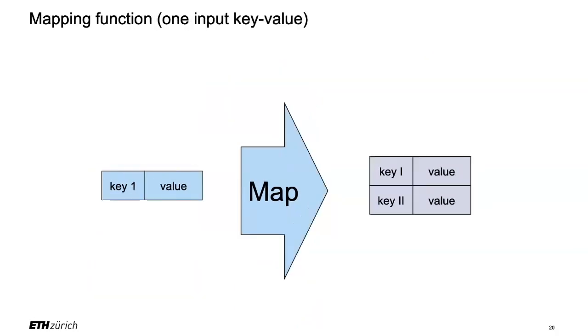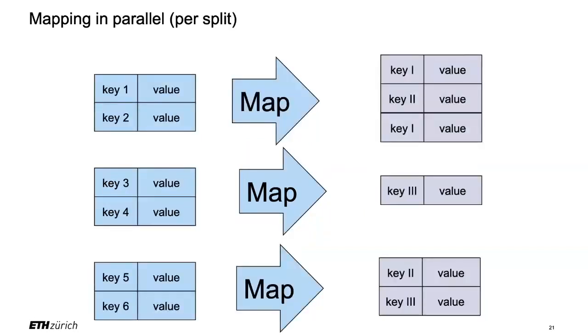Now I just showed you this on a single key value. We do the same with all of the billion key values, right? But of course, we do it on each split. So maybe the first is on one machine, the second is on another machine, and so on. So we apply the map function to each key value of every split, and then we put together for every split all of the intermediate key values that we got.